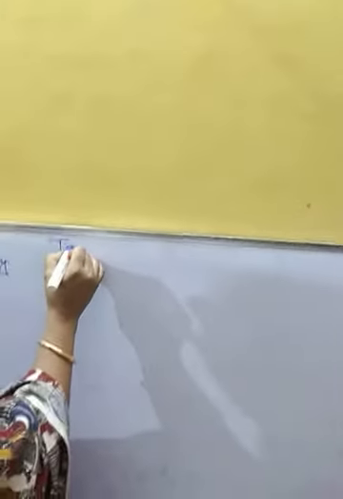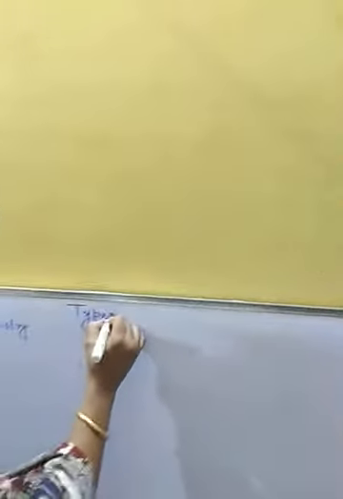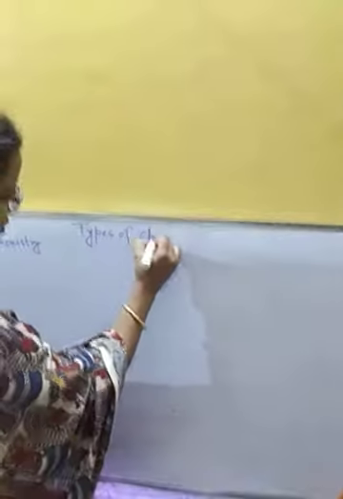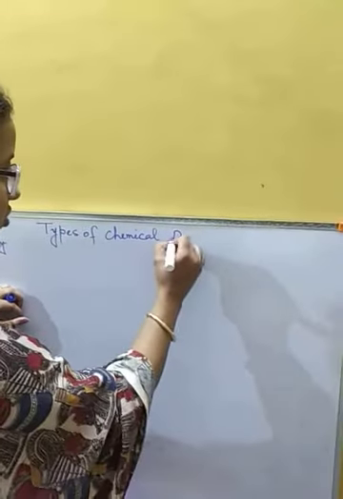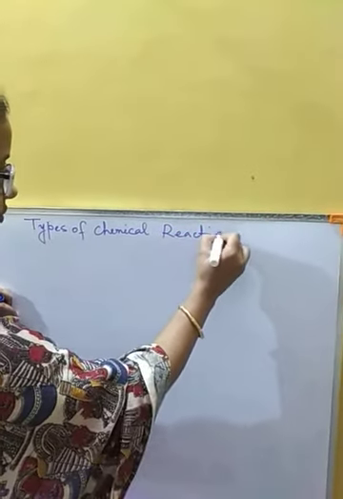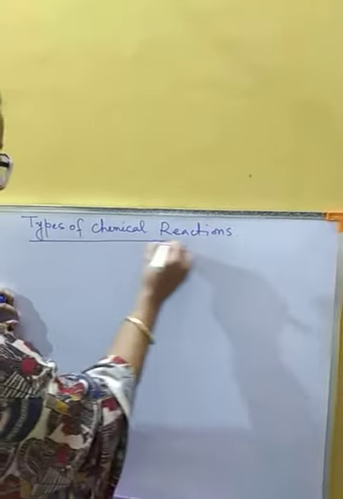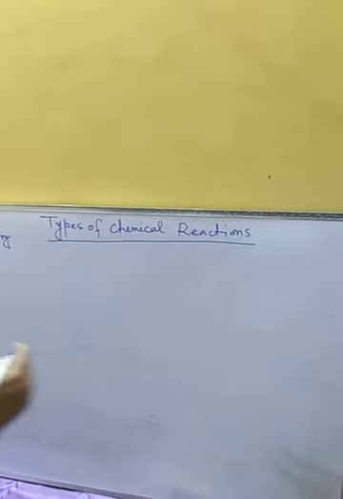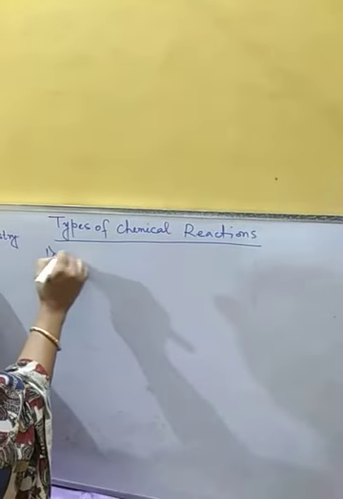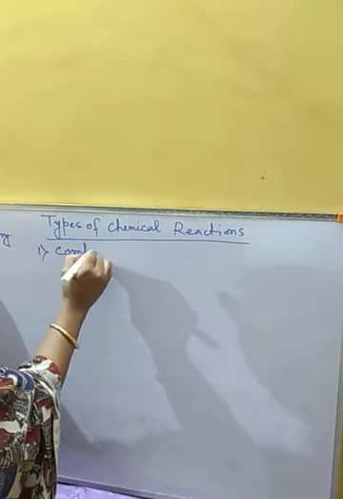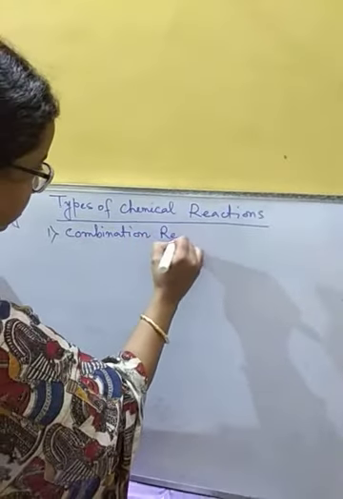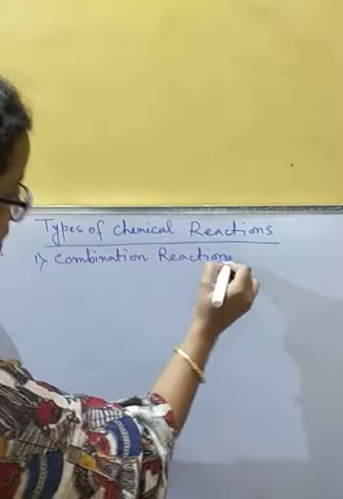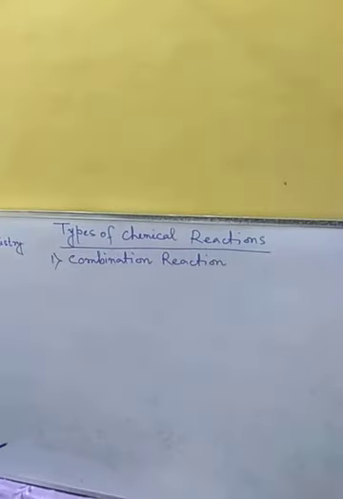The topic is types of chemical reactions. There are mainly four types. The first one, which was combination reaction, we already discussed in our previous class.